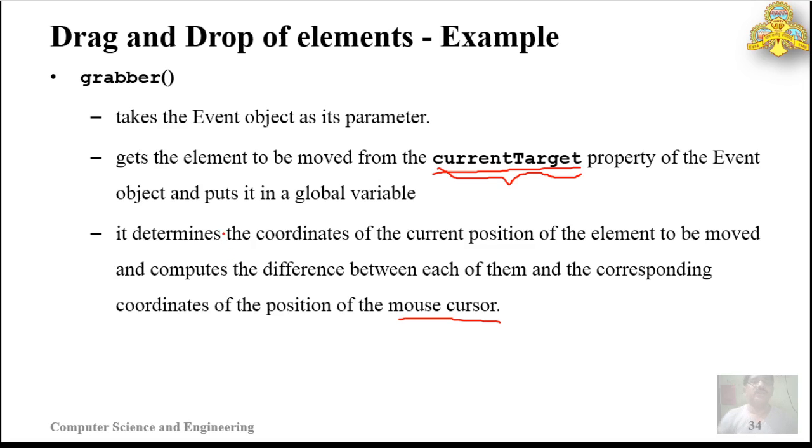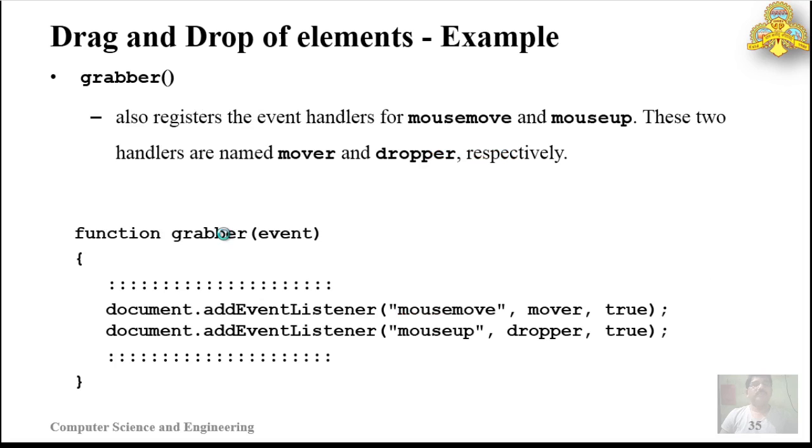So these are the functions of grabber. Along with this, it calls the mover function which changes the position of the element. Grabber also registers event handlers for the mouse move and mouse up events.